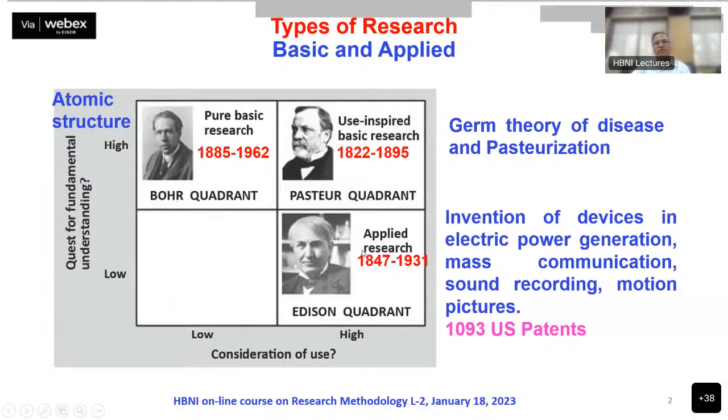Come to the right bottom, applied research. It is in the name of the Thomas Edison quadrant. Thomas Edison was known for several inventions. He has 1093 patents in his name, which include inventions of devices in electric power generation, mass communication, sound recording, motion pictures, and whatnot.